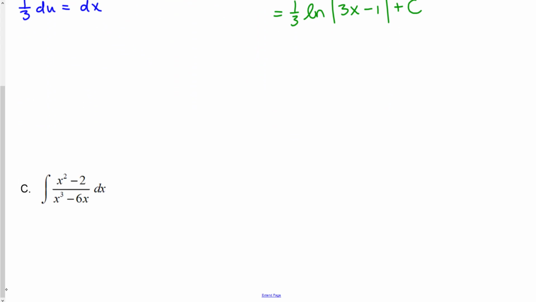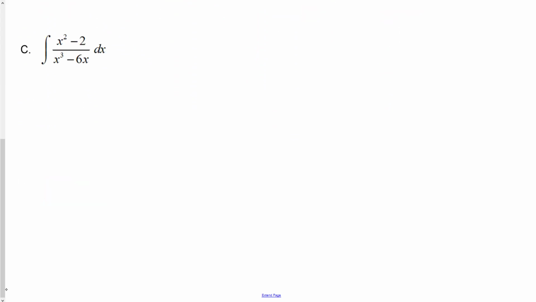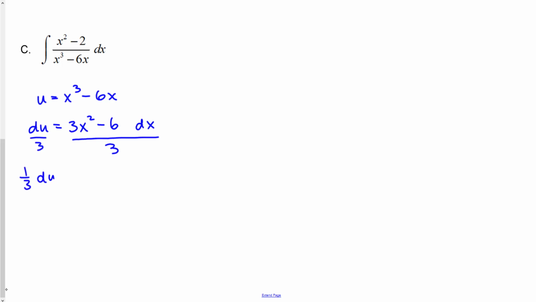Here's another example. The integral of x squared minus 2 over x cubed minus 6x. So the denominator is x cubed minus 6x. The derivative of that would be 3x squared minus 6 dx, which if you divide everything through by 3, that would give you 1/3 du equals x squared minus 2 dx.